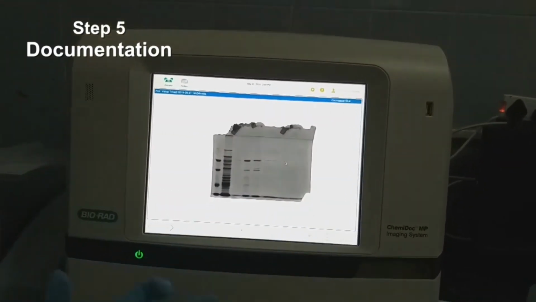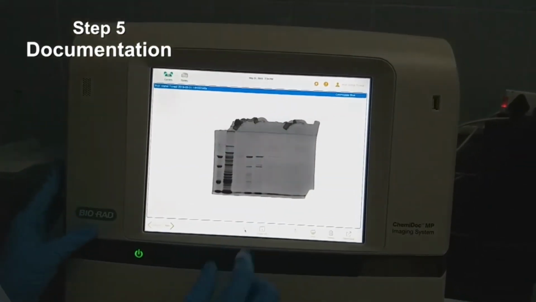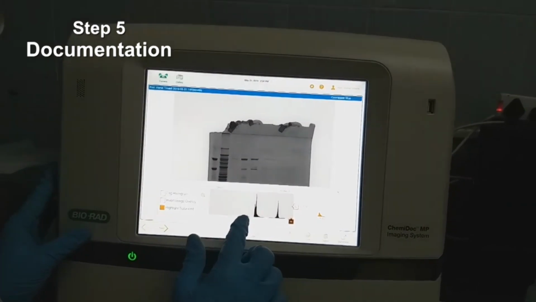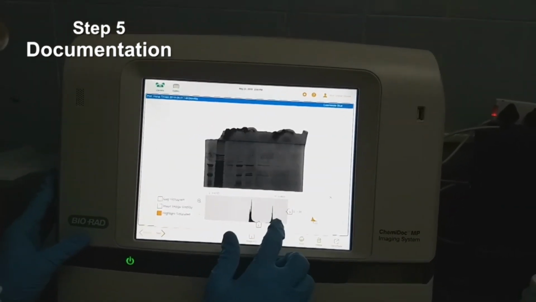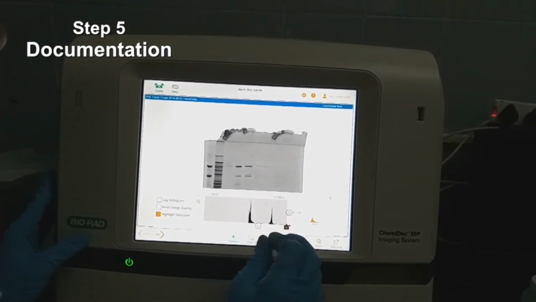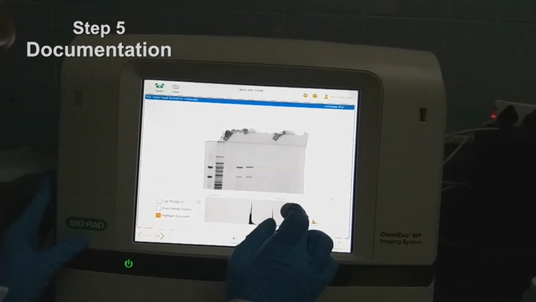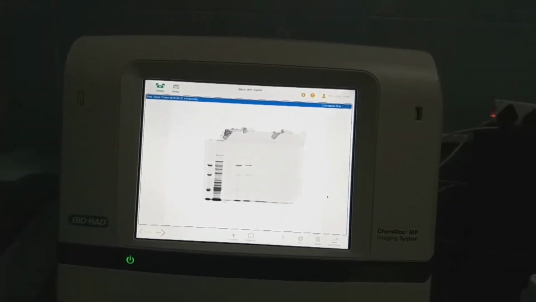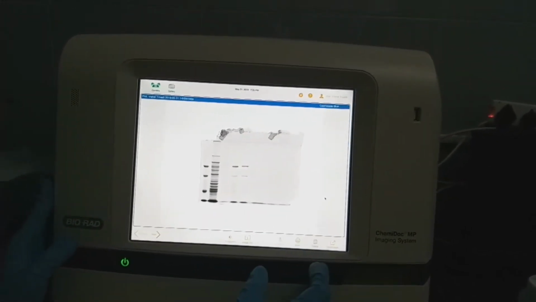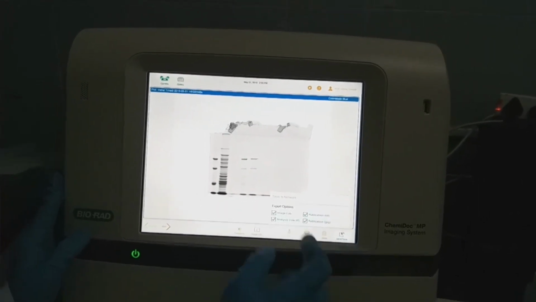If you want to make any modifications to the image, for example to decrease or increase the signal intensity, you can do those changes. If you want to send this gel image, you can use send and save.